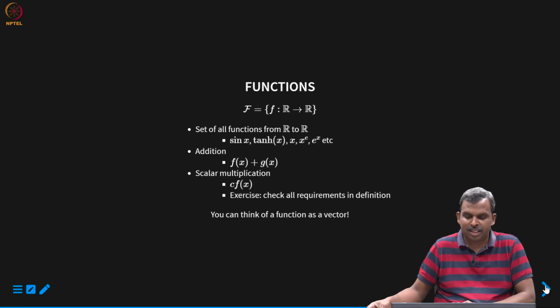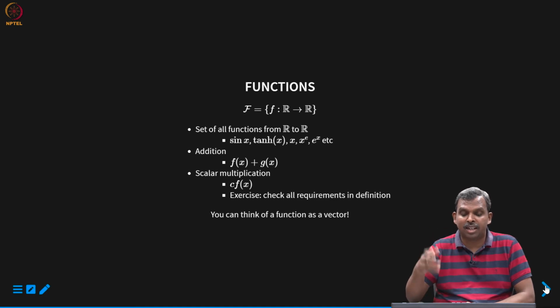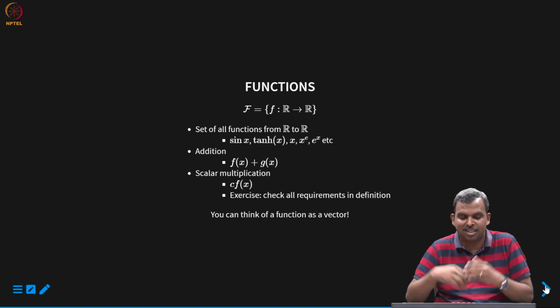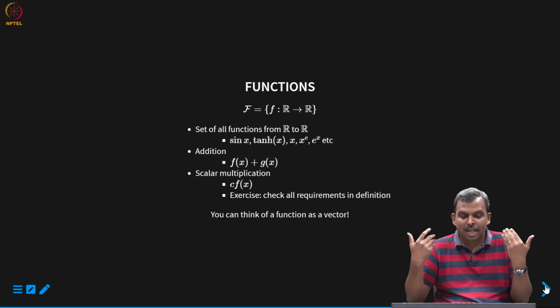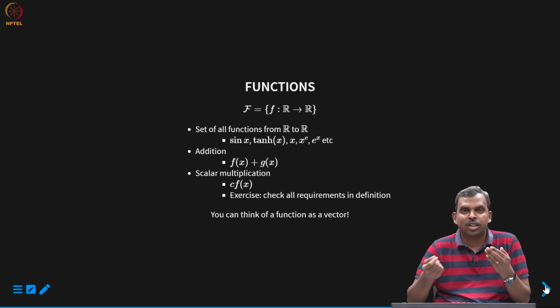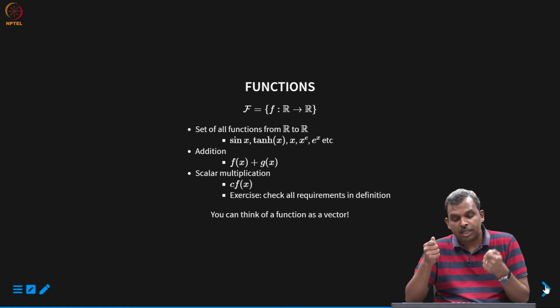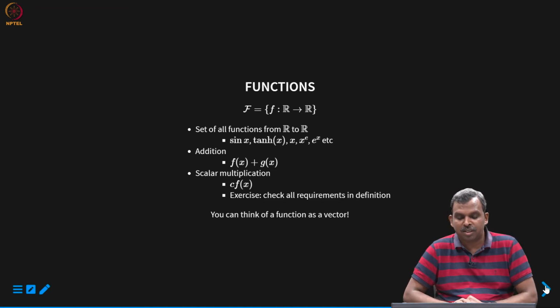Here is the other final example that we had, which was these functions from the real line to the real line, things like sin x, tan x, e power x, root x, log x, anything you can think of. These are also like vectors because you can add them, right? Given any two functions, you can add them, and given a function you can scale it with a constant. Both these things you can do.